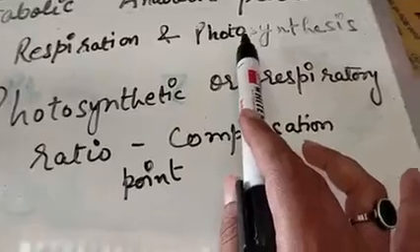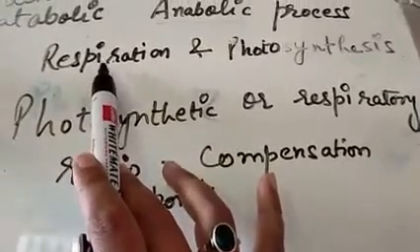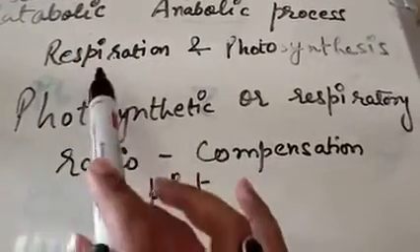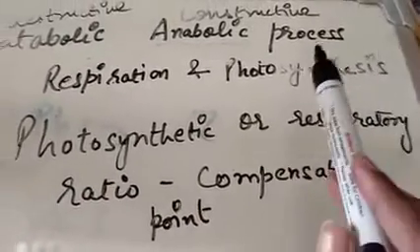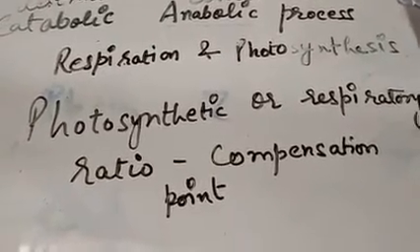In photosynthesis, food is made and energy is stored. So in respiration, the weight of the plant decreases because we have used the food which is there. But in photosynthesis, the weight is increased because they store food. This is the difference between respiration and photosynthesis.